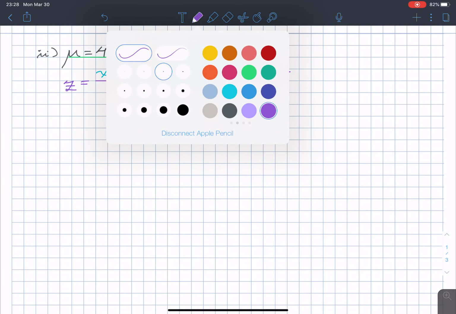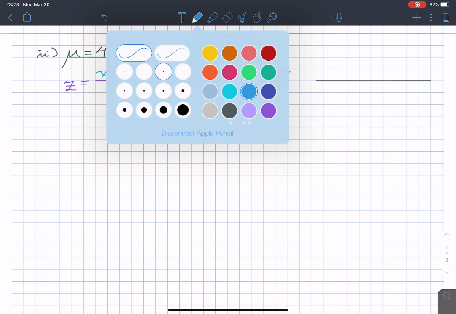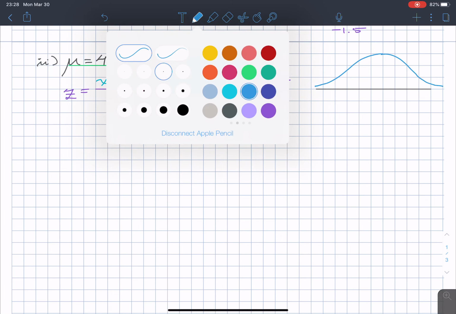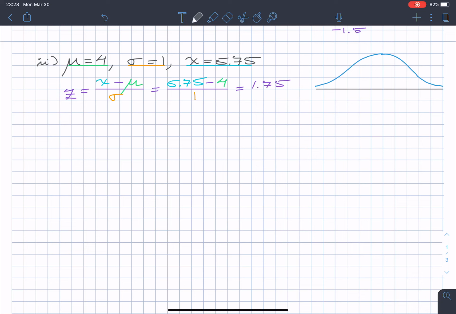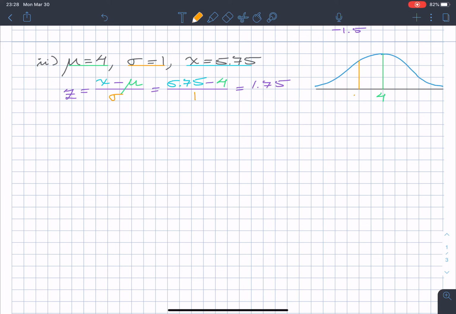let's look at another graph. So let's do our nice bell-shaped curve, something like so. So my average, my mean, right in the middle is 4. My standard deviation is 1. Let's make this 3, 2, 5, 6.